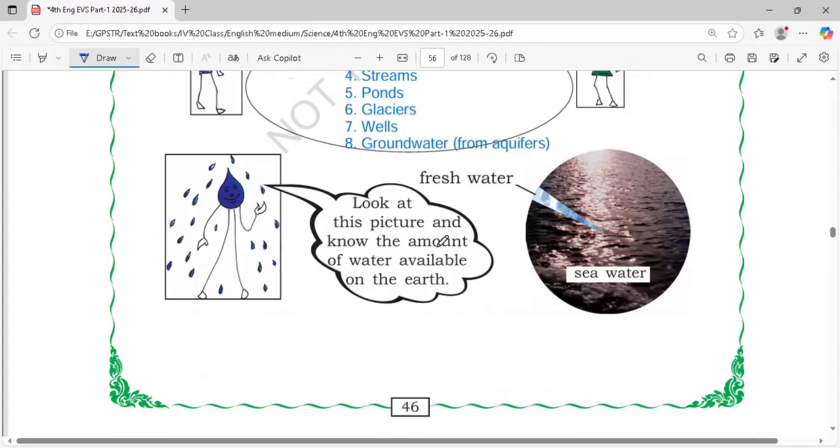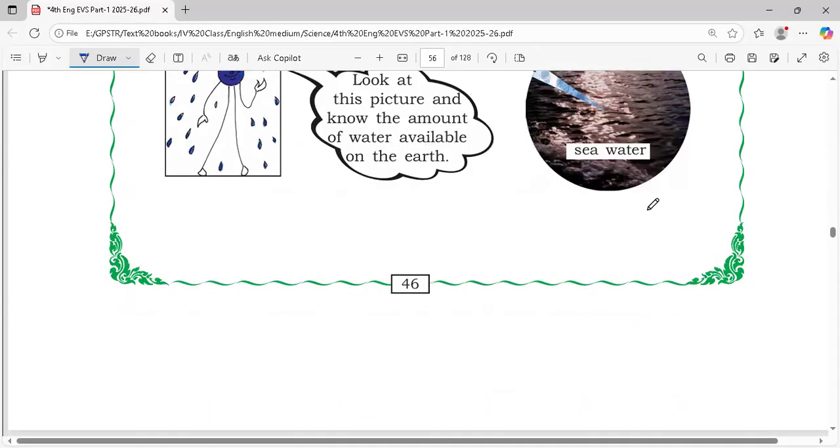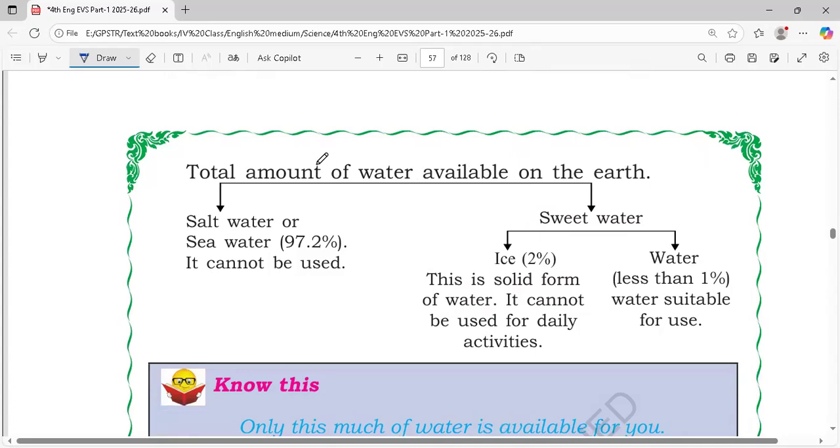See, this is a picture. Look at this picture and know the amount of water available on earth. See, most of this water is salt water or sea water. Fresh water, available for drinking, is only 3%. That means 97% of the water is sea water. Salt water or sea water is 97.2%.